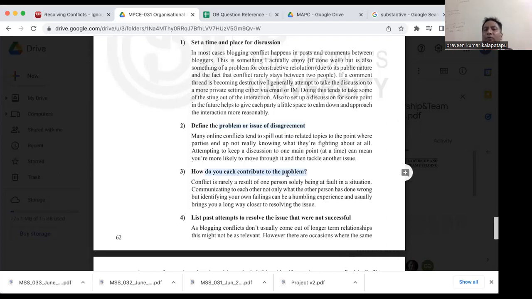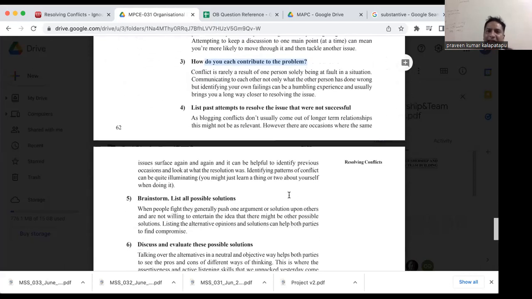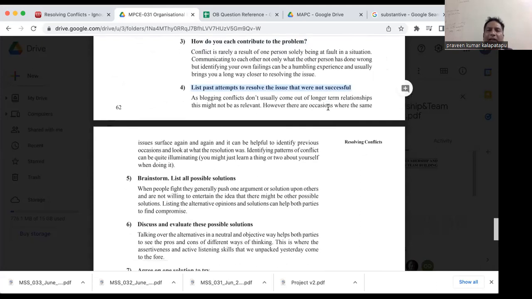Then, how do you each contribute to the problem? What are your roles in that particular problem? And what did you do to resolve that conflict? It could be various attempts that were made previously, and what things failed.